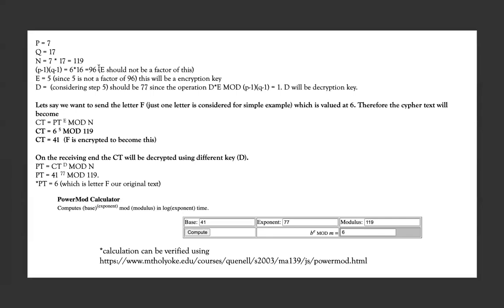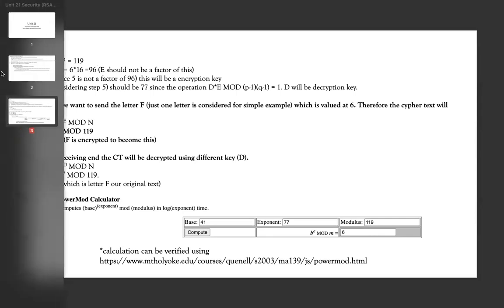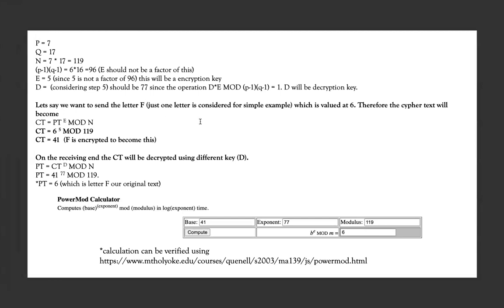Secondly, we have to calculate the decryption key. The decryption key states that if I take 5 as my encryption key and multiply D with it, D should be such that if I multiply D by E and take the mod using this value, my answer should be 1.